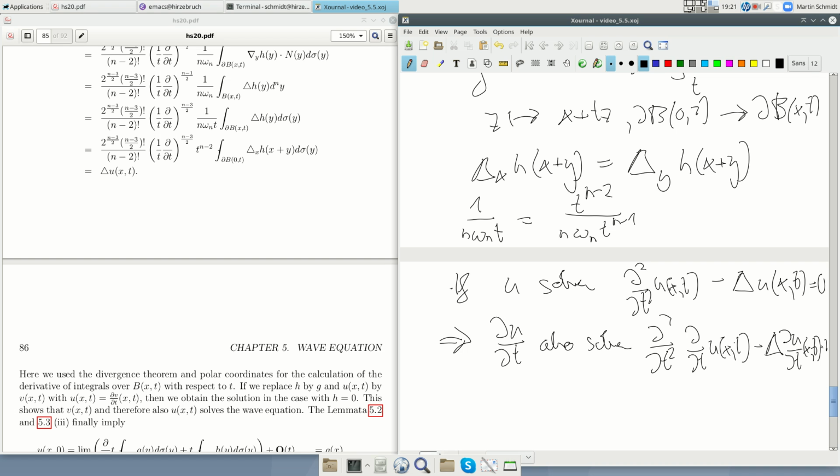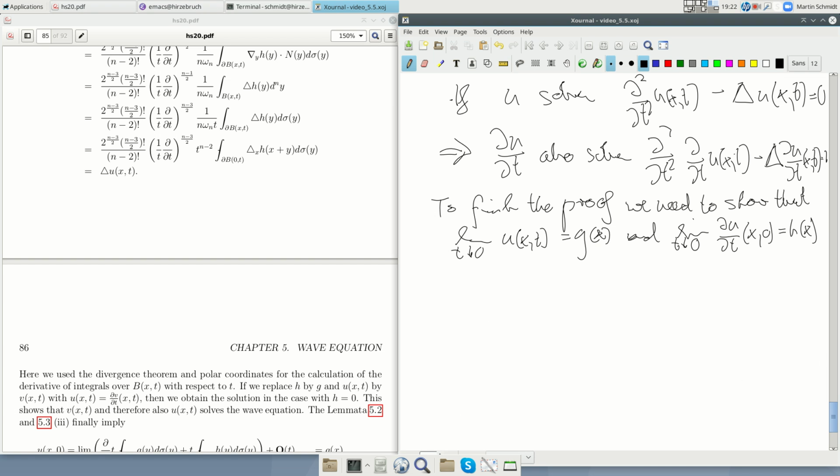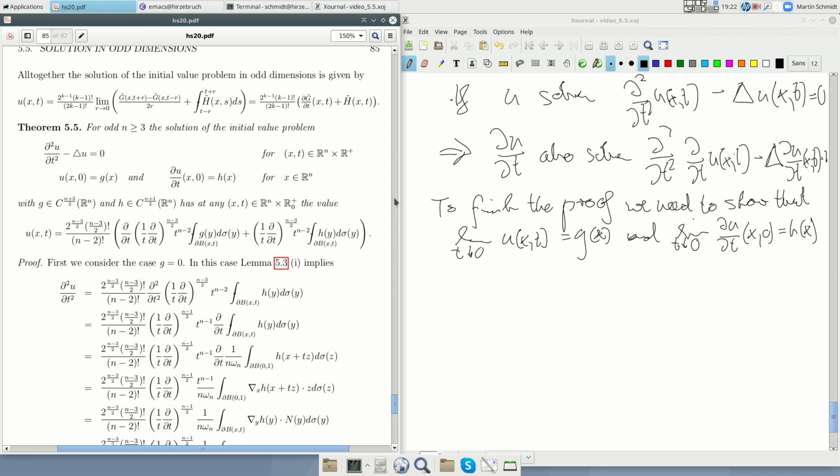So what we need to show is that the limit as t goes to 0 of u(x,t) is equal to g of x, and the limit as t goes to 0 of du by dt at x and t is h of x. Okay, then let's have a look at these formulas.